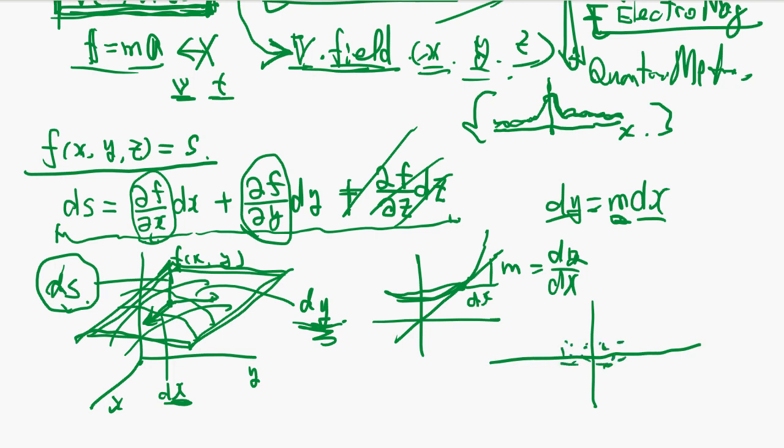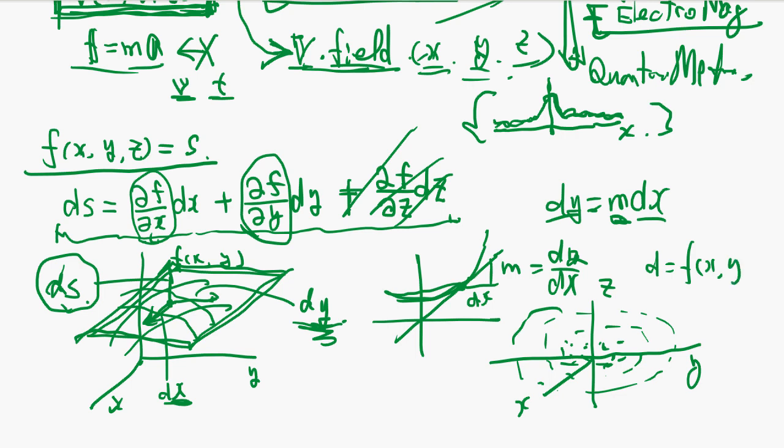It's very dense around here and becomes sparse here. So x, y, z, and density is going to be a function of x, y, z. Or if it's symmetric, it can be r, right? Density changes only by distance from this point.